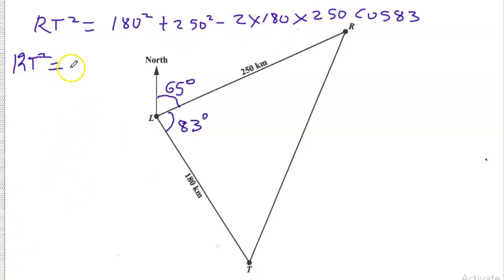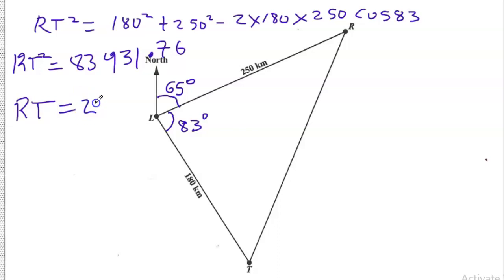So this gives us 931.76. So RT would be the square root of that, which is 289.7 kilometers.